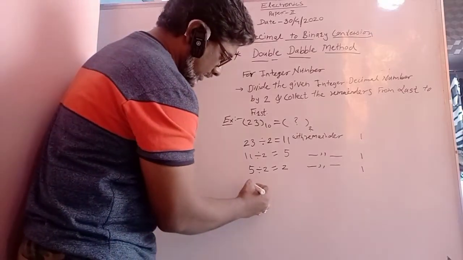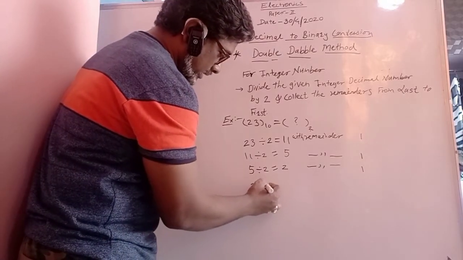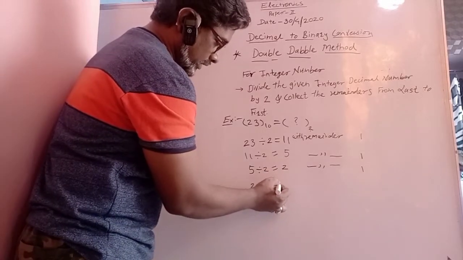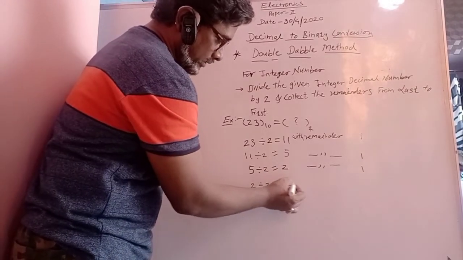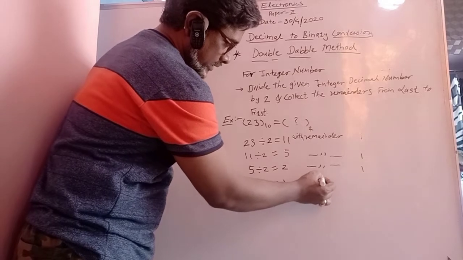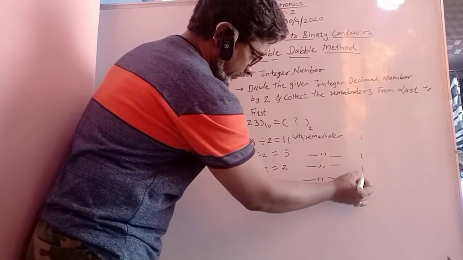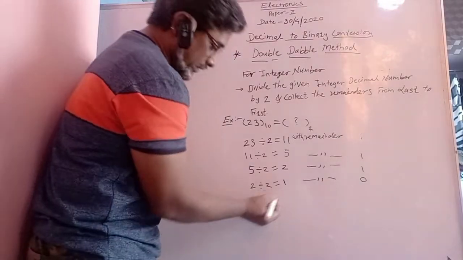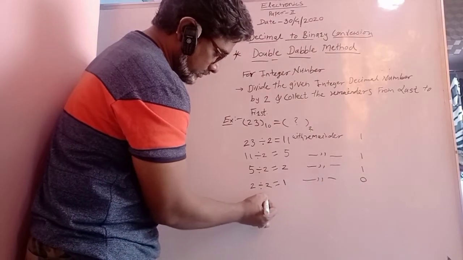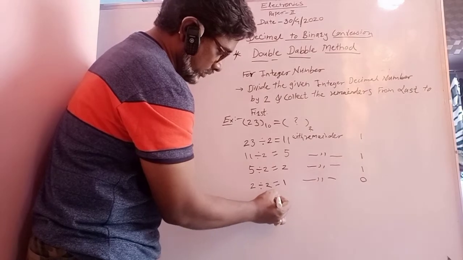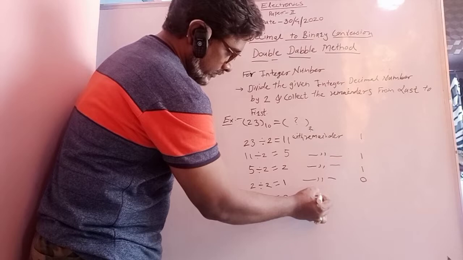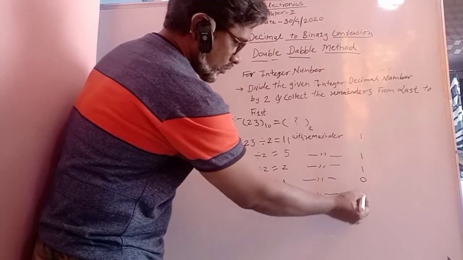Then again divide 2 by 2, then you will get 1 with remainder 0. Then again divide 1 by 2, so it is 0 with remainder 1.